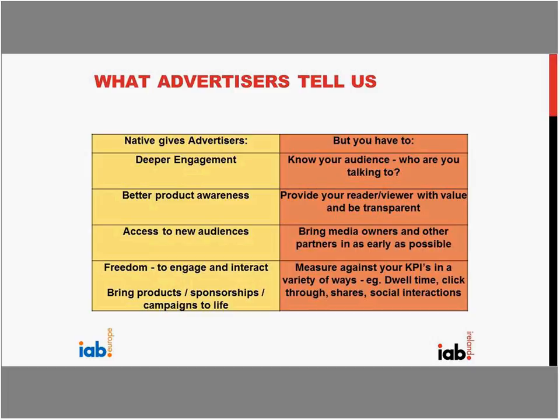One thing advertisers would say to us, having learned this over time, is to bring media owners and other partners in as early as possible. That feeds back into your webinar from last week about relationships, very important. And measuring against KPIs in a variety of ways. So not just looking at click-through, or just at social interactions, but looking at dwell time, looking at shares, and quite rich data that they can get on that.